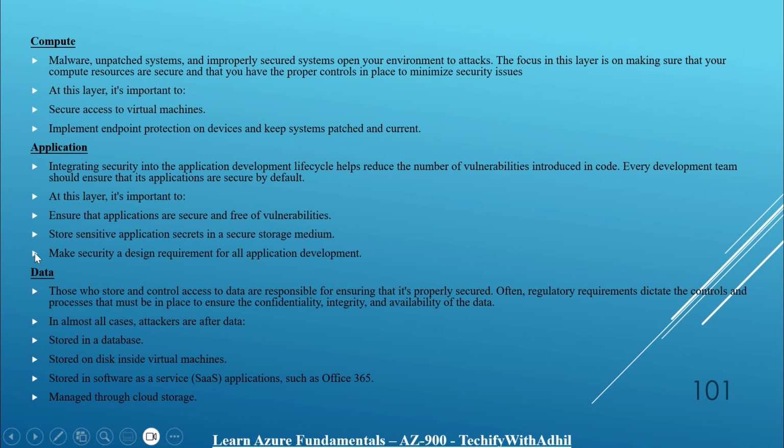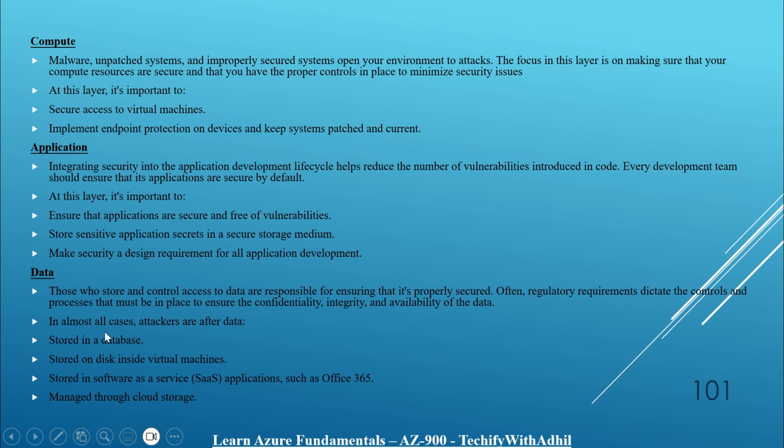Then lastly, data. Those who store and control access to data are responsible for ensuring it's properly secured. Often regulatory requirements dictate the controls and processes that must be in place to ensure the confidentiality, integrity, and availability of the data.